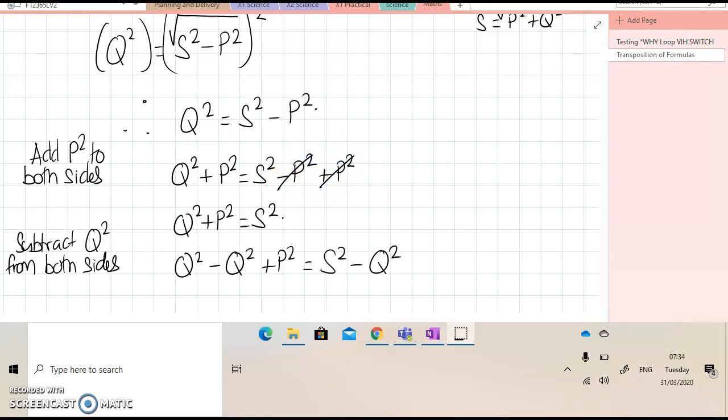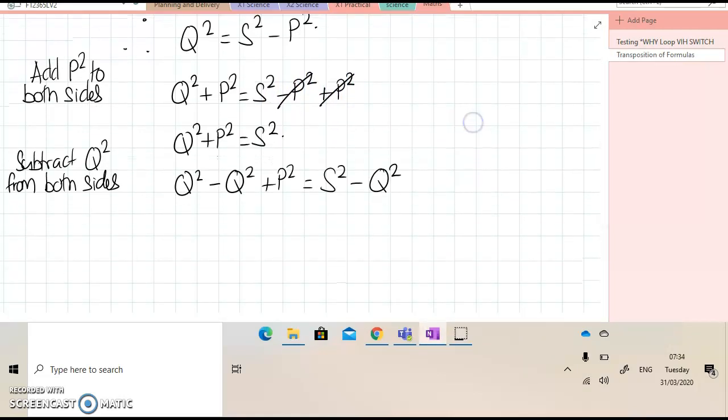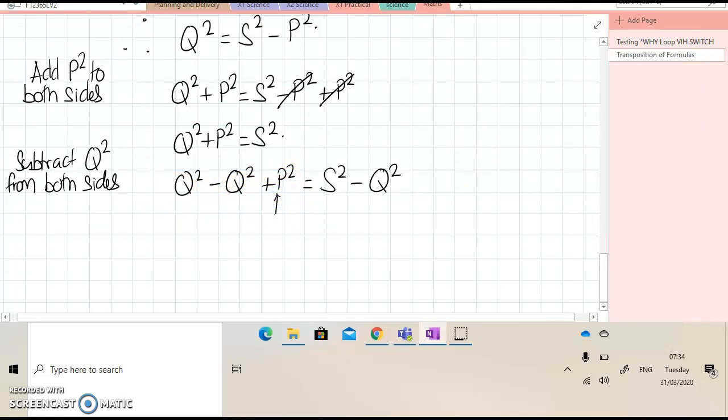Then we need to remove Q squared because we want to make P the subject, that's the word I'm looking for. So subtract Q squared from both sides. So they will go, and that will leave P squared equals S squared minus Q squared.